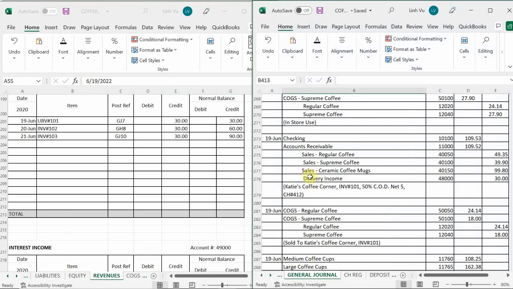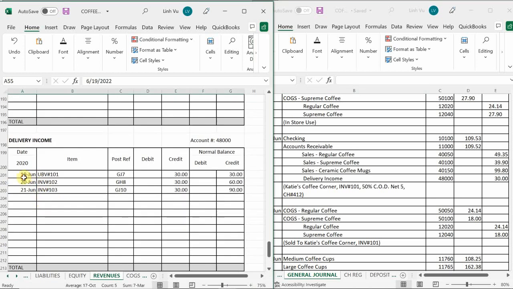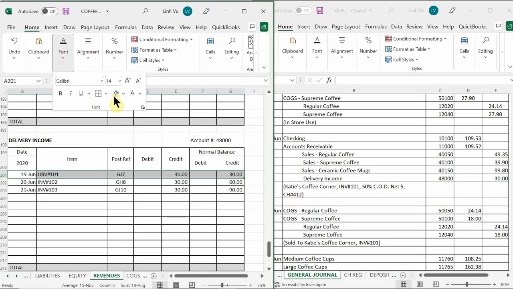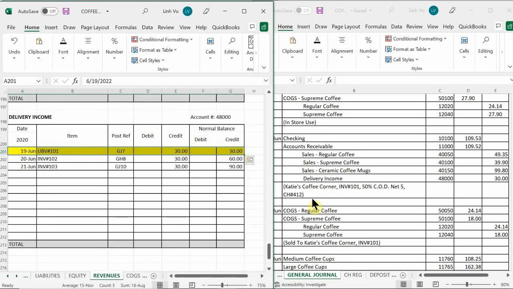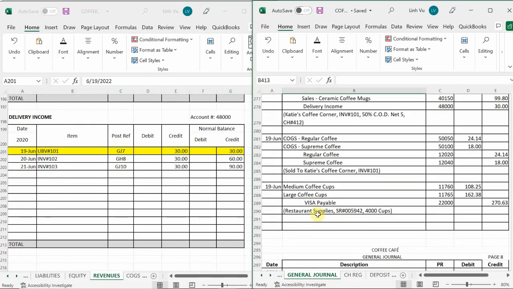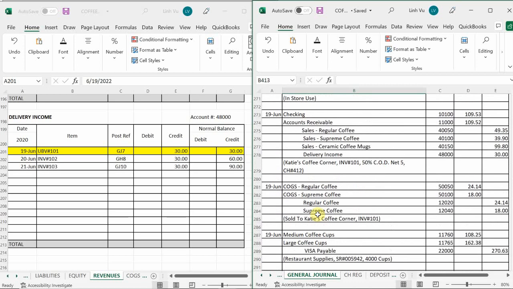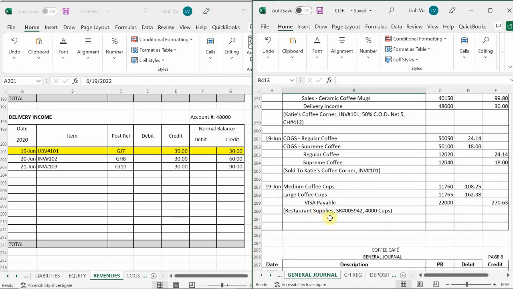So I'm in the middle of the sales, right? The delivery income, right? We did deliver for that $30. Okay. All right. Next is our cost of goods sold once again because we sold to Katie's Coffee Corner.